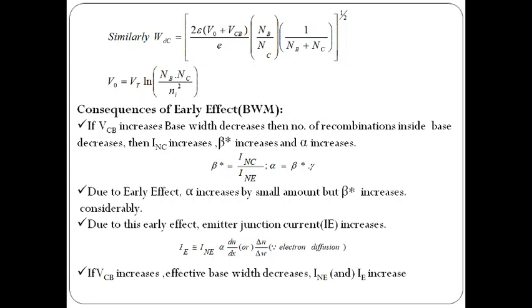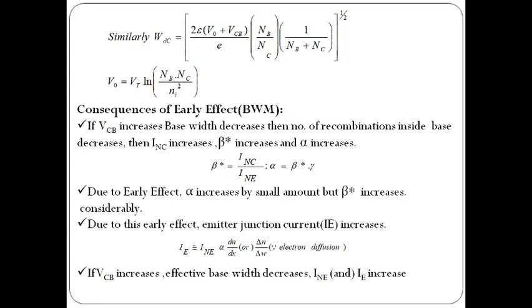Due to this early effect, the emitter junction current increases. How does the emitter junction current increase? We can say IE equals INE. This INE is the current due to the electrons at the emitter junction. It is directly proportional to the diffusion, since the electrons cross the emitter junction by the diffusion process.